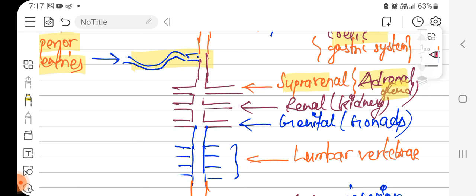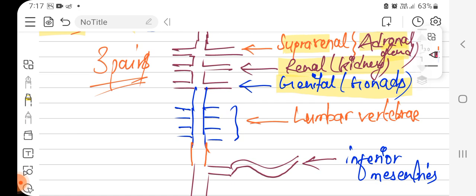Downside we have three pairs. Here you have to make three pairs, not more than that. Three pairs. Suprarenal supplies blood to the adrenal gland, renal to the kidney, genital to the gonad. Likewise, downside we have four pairs.